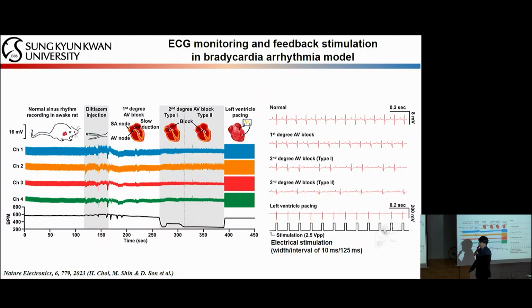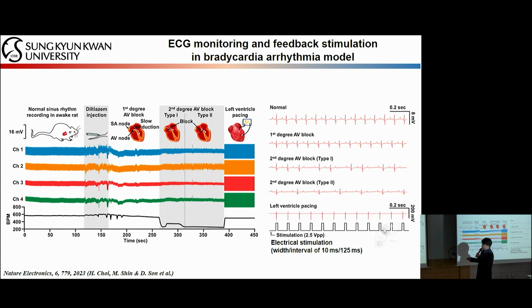And this is the other disease model. We prepared the arrhythmia model by injecting the diltiazem drug that normally evokes bradycardia. Bradycardia means slow heart beating. So as you can see here, after injecting the diltiazem drug, the BPM goes down.